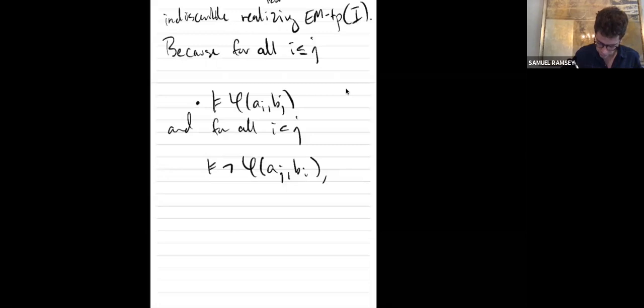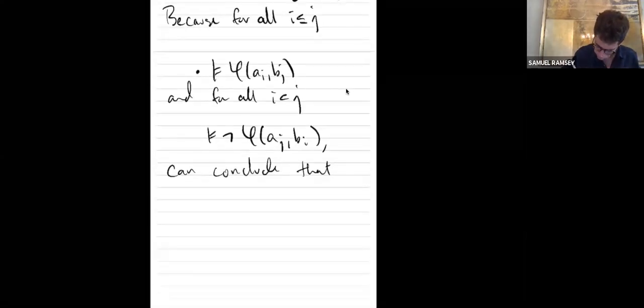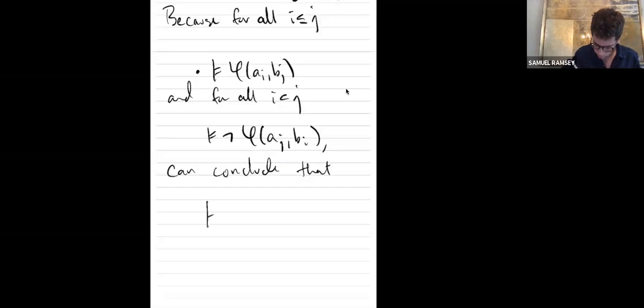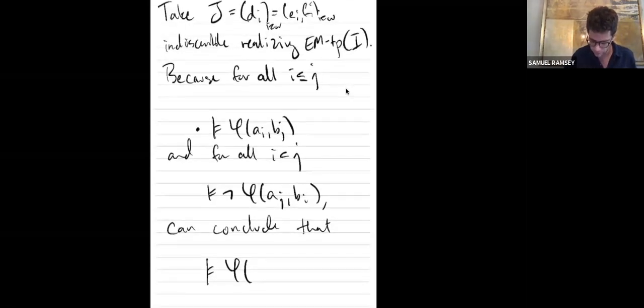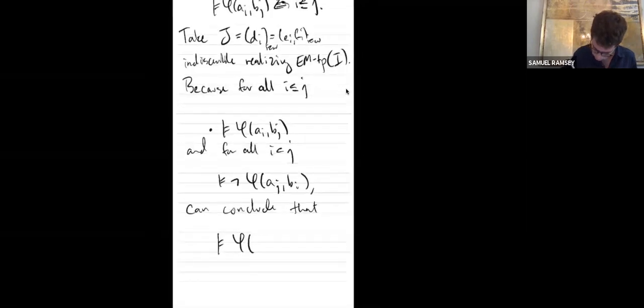What we can conclude is that this is reflected in the behavior of our indiscernible sequence. So we have phi(Ei, Fj) holds if and only if i is less than or equal to j. Okay.